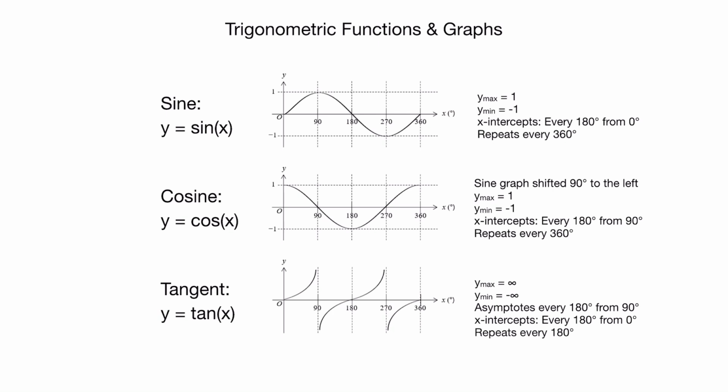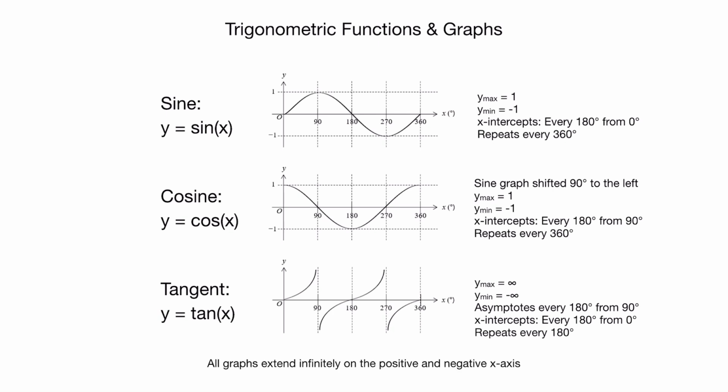So the shape you see between 90 and 270 will repeat itself every 180 degrees. But if you want to make it the same for all three, you can consider the shape between 0 and 360, and that will repeat every 360 degrees as well.